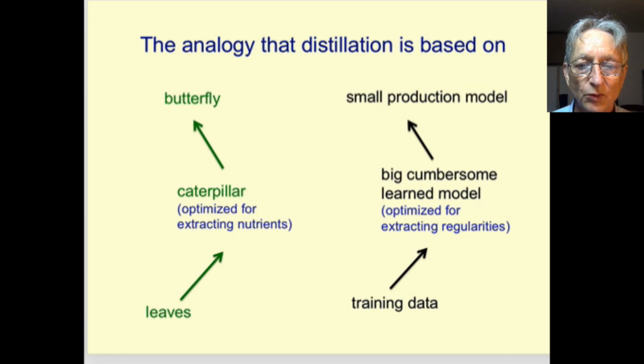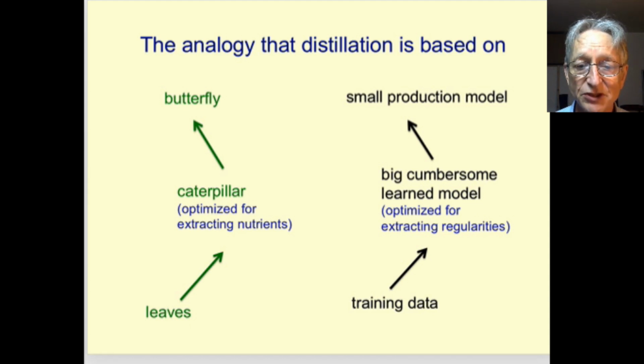Now, with machine learning, we typically take the training data and extract structure from it, and that's our learned model. But it turns out, now that we know more about neural networks, it's easier to extract structure if you have a very big model with too many parameters, or a big ensemble of models.